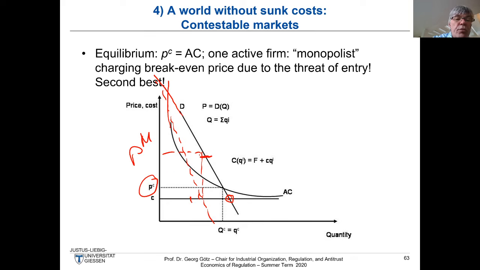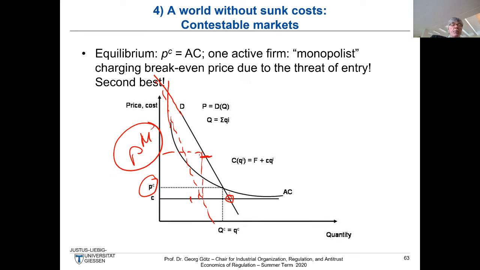If you produce even more like this, you would have losses. So price equal average cost would be feasible, because our incumbent does not make losses. At the same time, it would be sustainable because there could not be entry. The monopoly price, as we had it here, is not sustainable because it could be undercut.